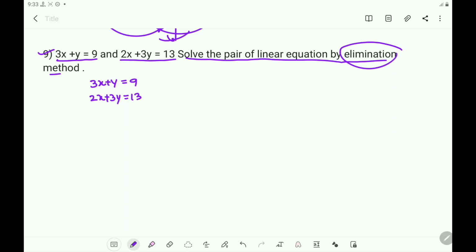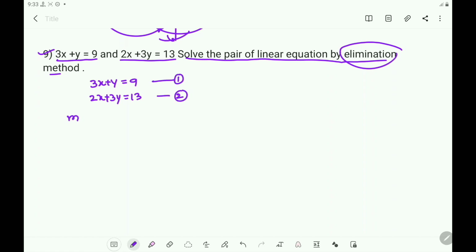So here y is having the coefficient 1, here the y is having the coefficient 3. Then you can make the coefficient of y in the first equation 3 by multiplying the first equation by 3. So you consider this is the first equation, this is the second equation.